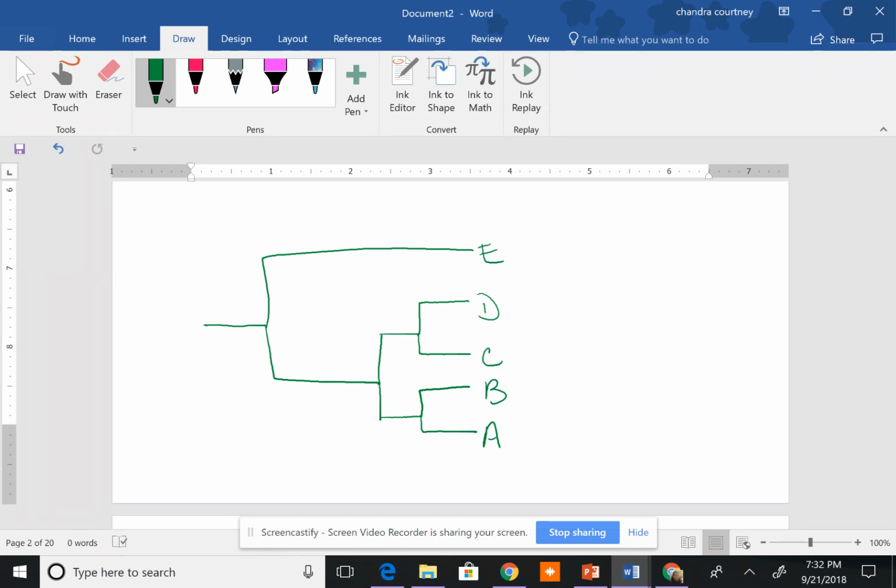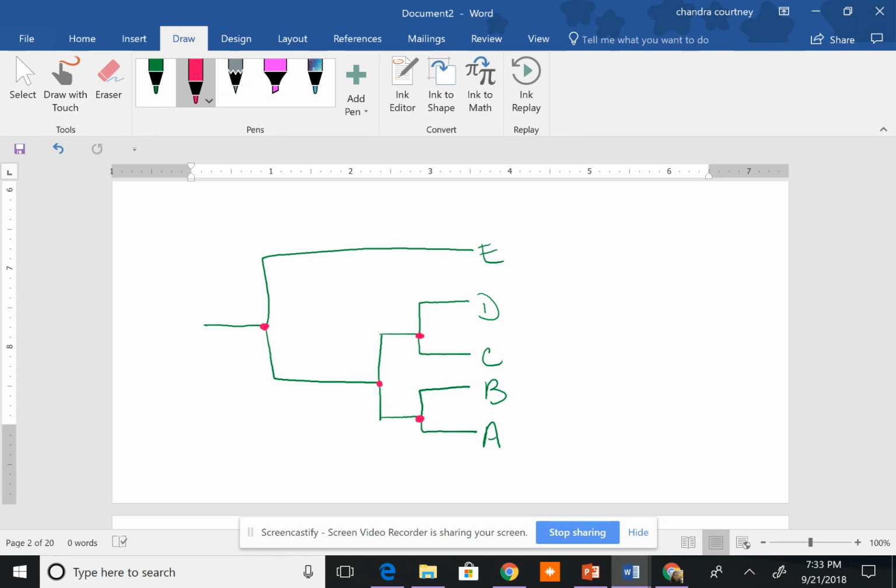So nodes actually show us the most recent common ancestor for everything that descends from that branch point. So bear with me if you will. We have a branch point here and here. We have another one here and another one here.